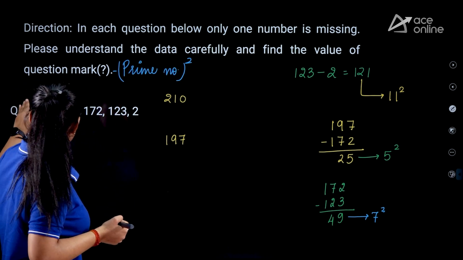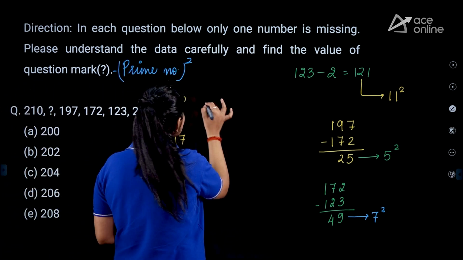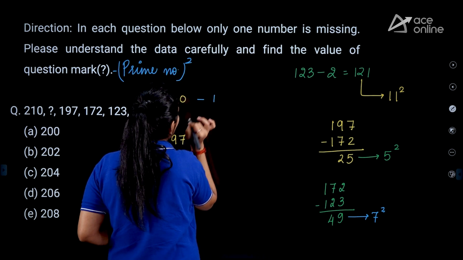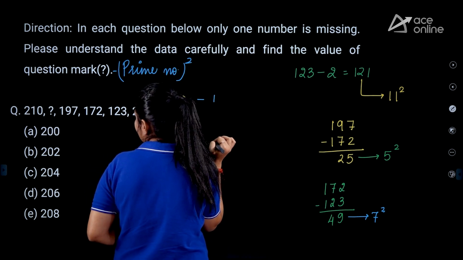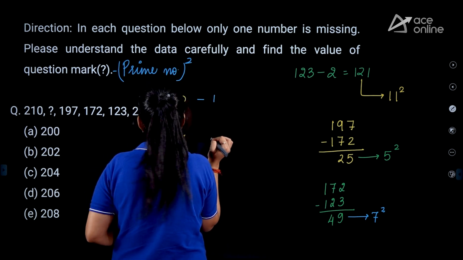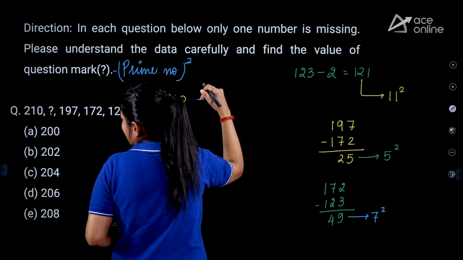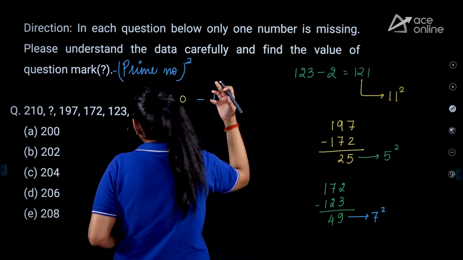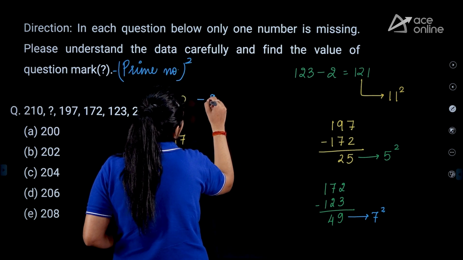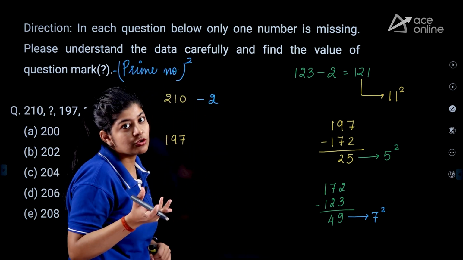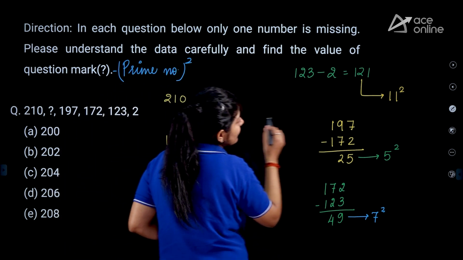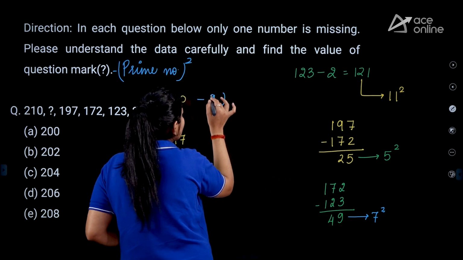So if we subtract the square of 1, then we have 209 as our option, but that's not it. 1 is also not a prime number, so we will go with the smallest prime number that we have, which is 2.